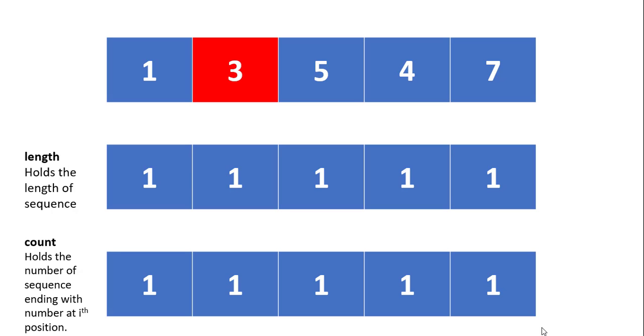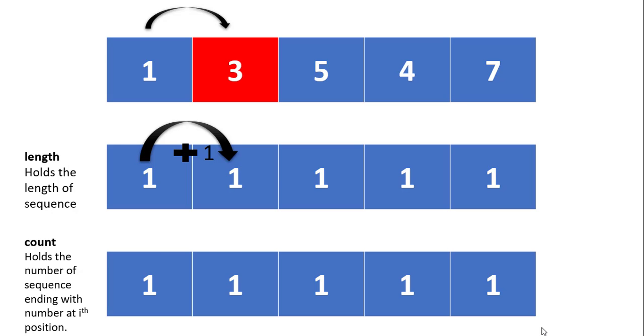So what we do is for every i from 1 to n we will check from 0 to the ith value, and we check for all the values that are less than the ith value. As we see that 1 is less than 3, in this case we know that whatever sequence is ending with 1 can also be incremented with one more length, that is 3, and the longest sequence will now become of length 2.